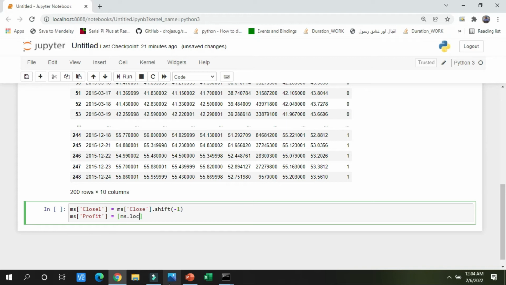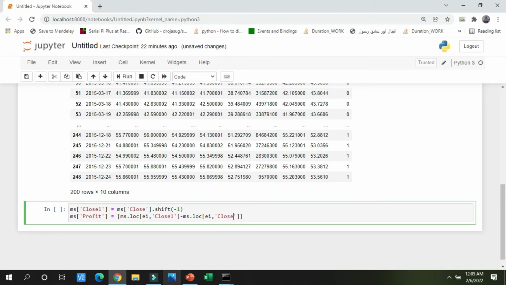I am writing it again, ms.log, and in this log I will write two things: ei, which could be i as well, you can write any name, and I am writing ei close and minus. That is the way I am calculating the price difference. I am writing ms.log, and in ms.log I am writing again ei and close.